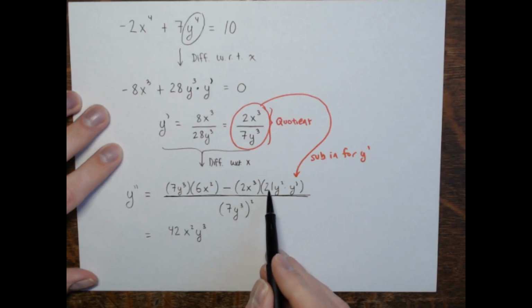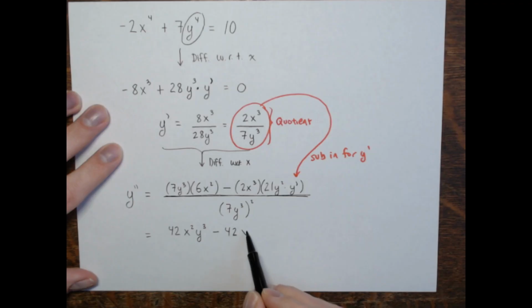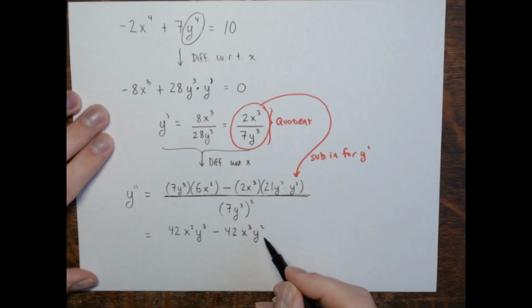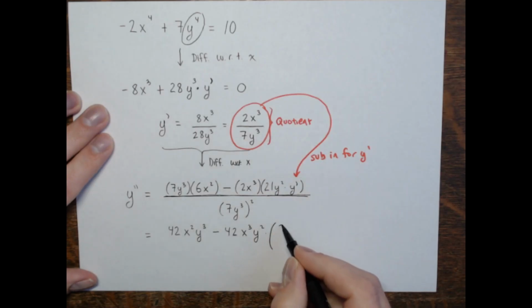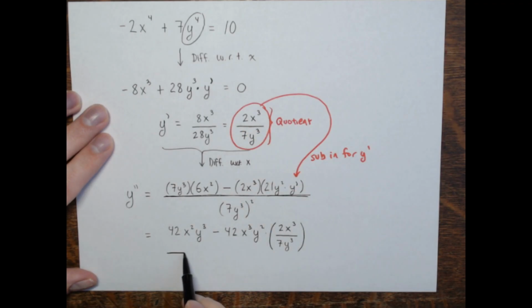Then minus 42, right? 2 times 21 times x cubed y squared. And then times y prime. But y prime, I'm replacing y prime with this 2x cubed over 7y cubed. All right, that was y prime from earlier, and then all of that.